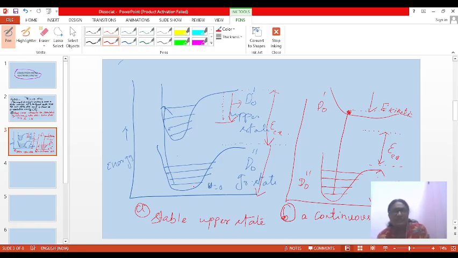See here, this is the normal transition for the stable upper state. This is the continuous state of the upper state.